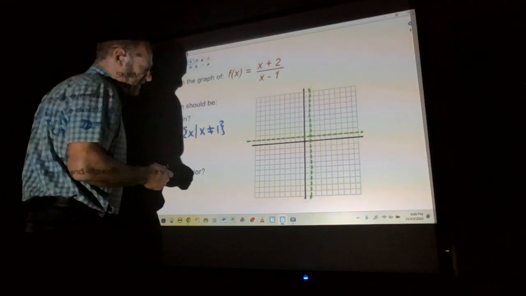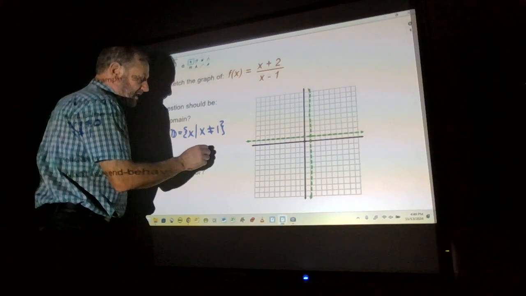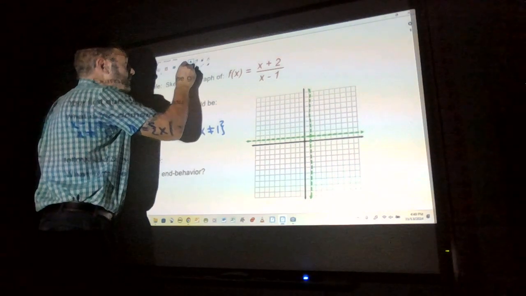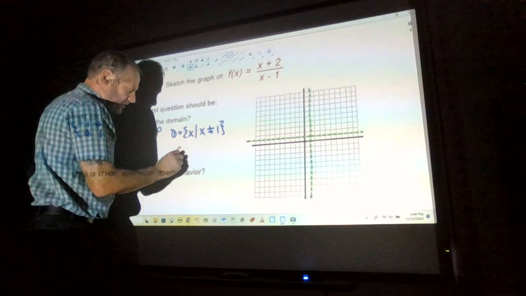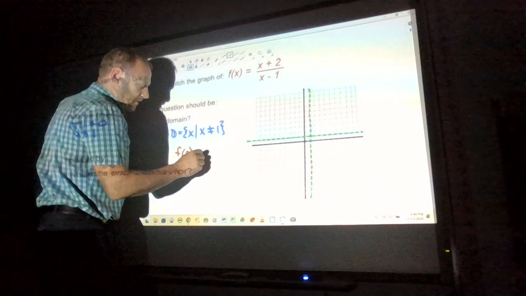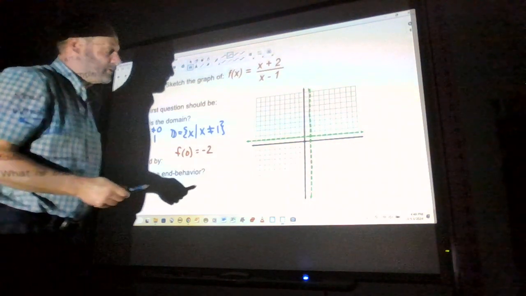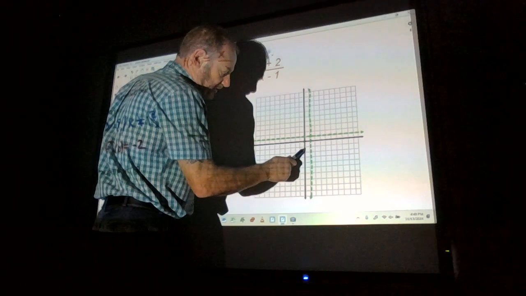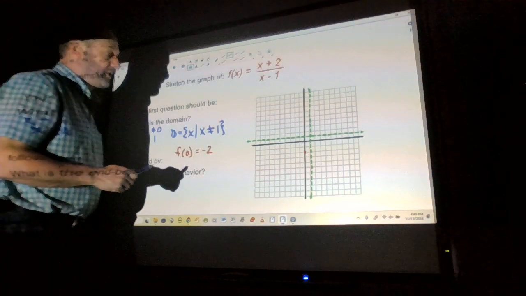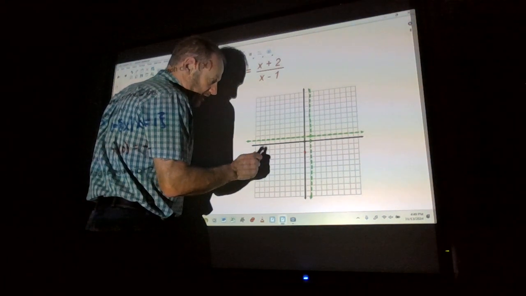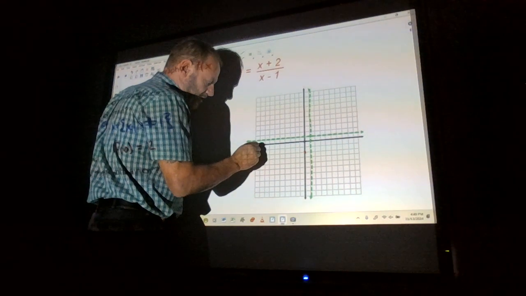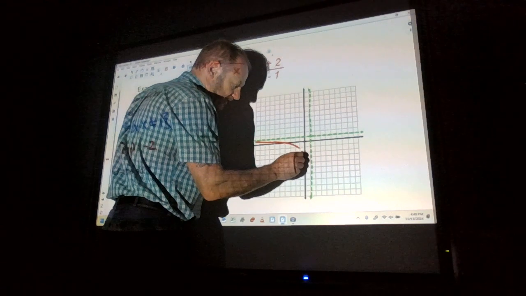An easy point to test on this would be to find f of 0. So f of 0 is going to be 2 over negative 1, which would be negative 2. Okay, so it's going to be right here. Now, since I can't cross a vertical asymptote ever, and a horizontal one only in some weird cases, here's what's going to happen: it's going to do something like this.